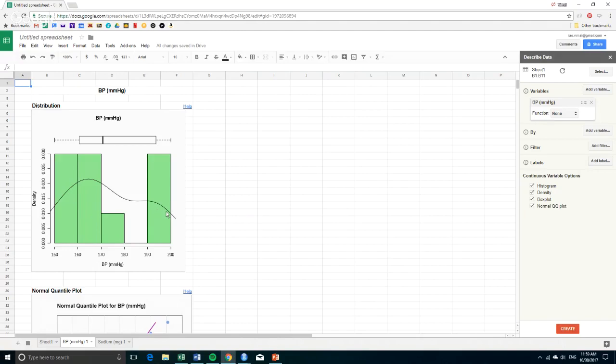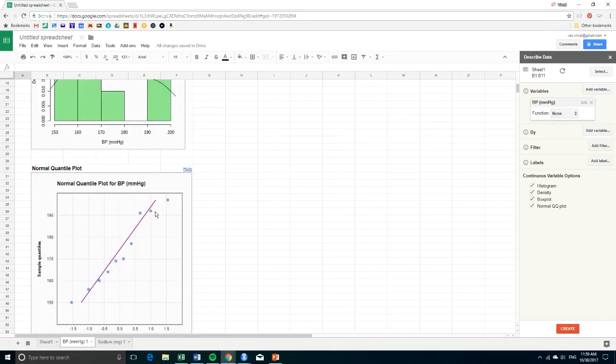Platykurtic, if you remember that term. Remember, mesokurtic means the kurtosis is equal to the normal distribution. Platykurtic is flatter than that. Leptokurtic is steeper. I think the book maybe discussed how one way to remember platykurtic is platypus have flat tails, therefore platykurtosis is a flat density.